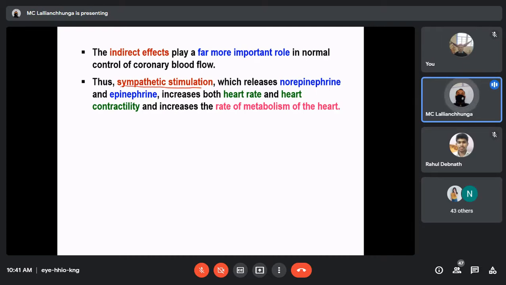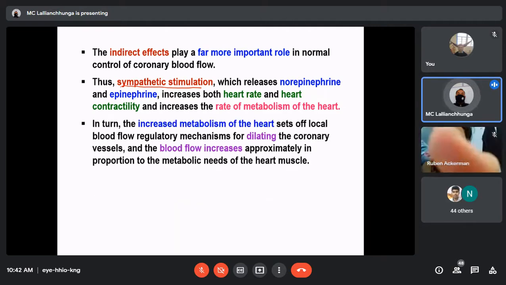When there is stimulation of the sympathetic nervous system, there will be release of epinephrine and norepinephrine at the heart muscles, and this will increase both heart rate and heart contractility, which we have already discussed when we talked about control of heart contraction, and increases the rate of metabolism of the heart.